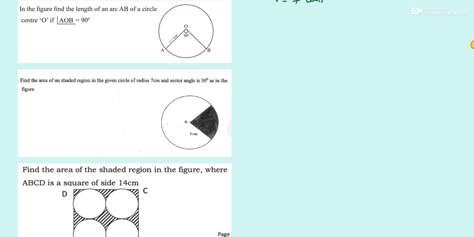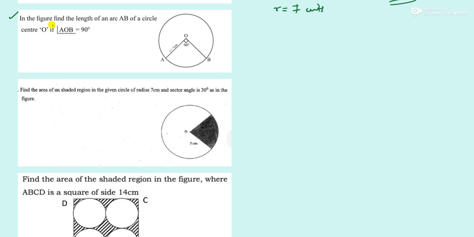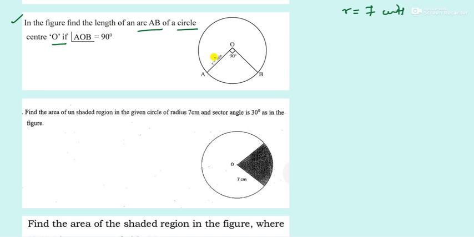Okay. Next is this question. In the given figure, find the length of arc AB of a circle with center O, if angle AOB is 90. Okay, AOB is 90, they've given the radius as 9, and they have asked for the arc length. So this is the arc AB they have asked. Correct. So what is the formula? See, if you take the total length of this circumference, that is 2 pi r. But when they ask about an arc, just multiply theta by 360 into 2 pi r. So that's what we are going to do.